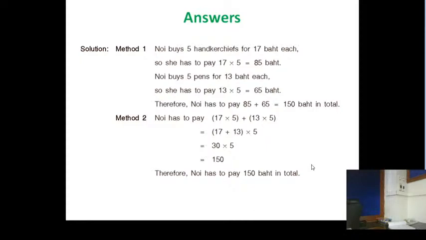Now Noi has to pay this one, right? So this is how to show the working. 17 times 5 first, next 13 times 5, next just add all. Noi has to pay this one. So this is your answer.